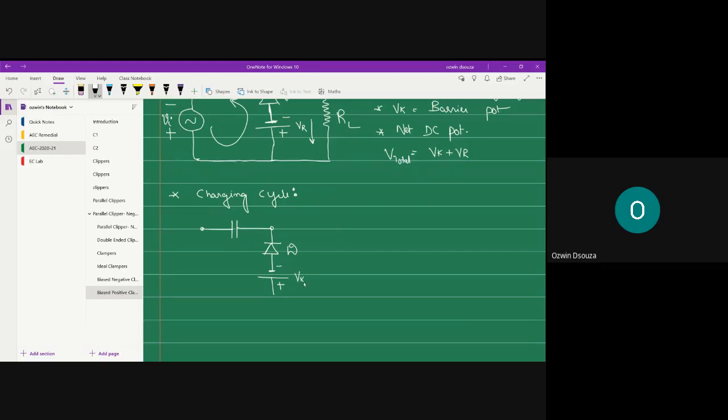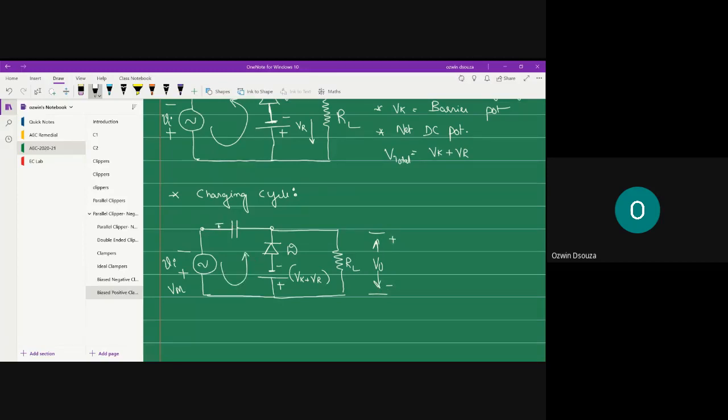Let me write the negative half cycle, and the maximum value of the sinusoidal input is Vm. This is your RL.